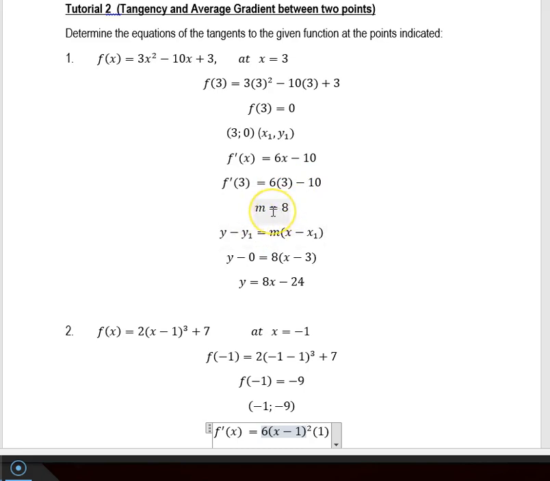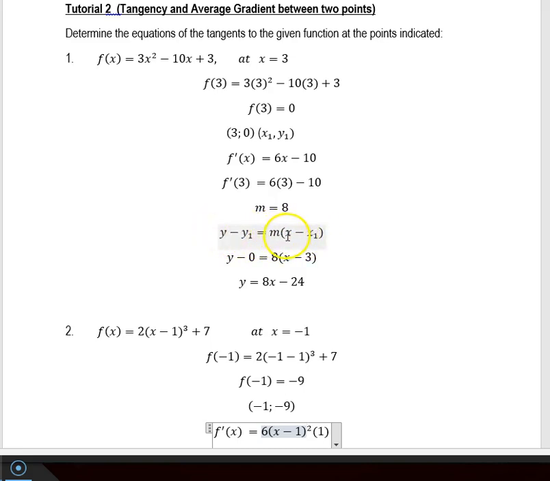Now, to find the line that is tangential to that curve at that point, we use our line equation, which is y equals mx plus c, or you use y minus y1 equals m into bracket x minus x1. I would prefer to use this one. So I've just put in the values.